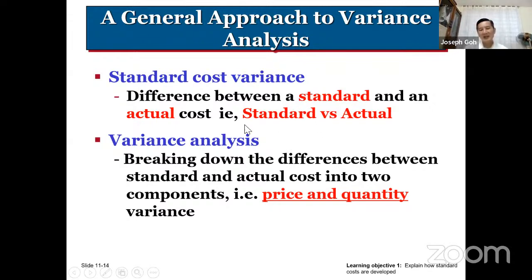Let's say the standard quantity to produce for product A is 1,000, and the price for that 1,000 is $2. So the standard is 2,000. The standard is 2,000, the cost to produce product A. That's the reason we always only emphasize the price and the quantity. That's the main comparison. Just remember these two. When you do your assignment, always emphasize these two. Even the material, the labor, the overhead, also emphasize these two.